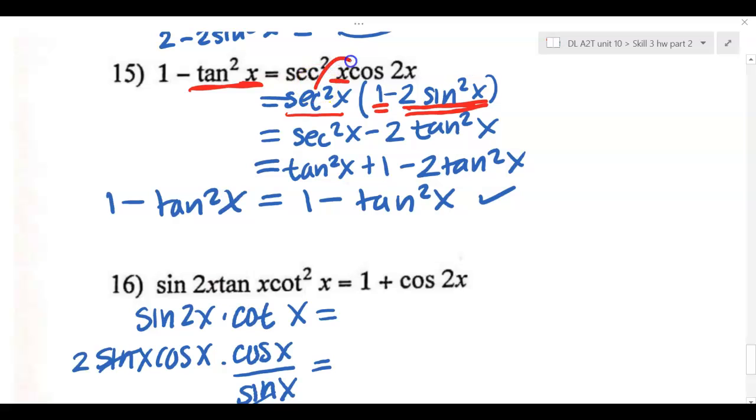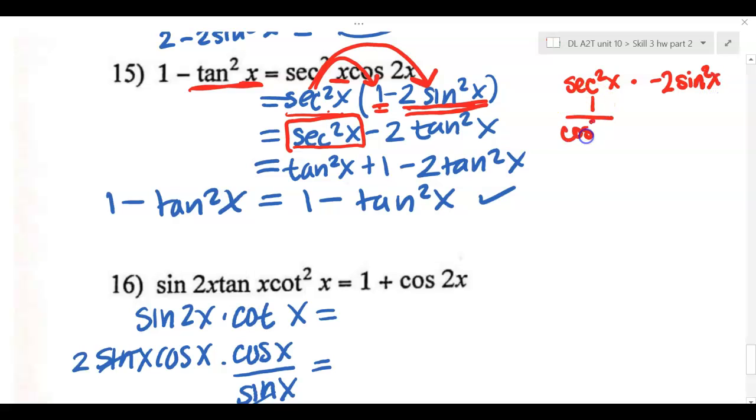So then my next step is to distribute the secant to each of the terms. Secant squared times 1 makes secant squared. Secant squared times negative 2 sine squared x is negative. So again, I'm multiplying secant squared x times negative 2 sine squared x. Remember that secant squared is 1 over cosine squared.